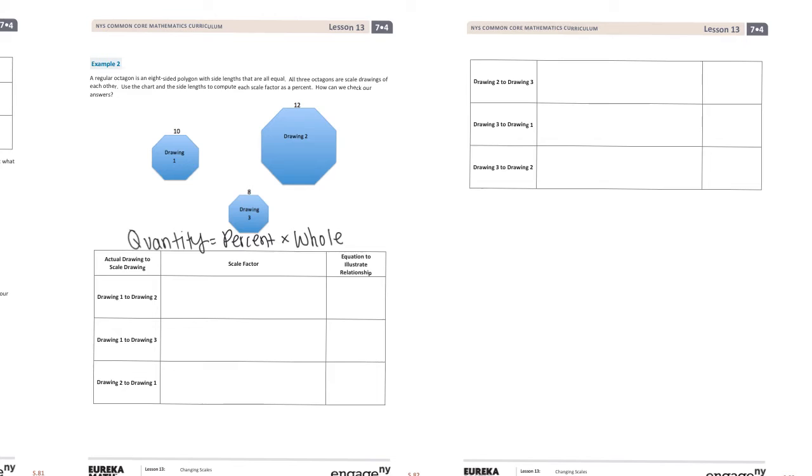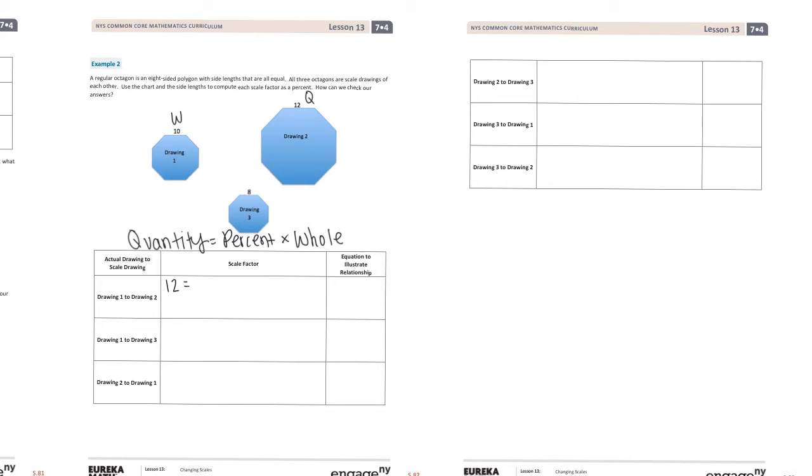So we're going to start out from drawing 1 to drawing 2. Now, to figure out this percentage, we need to label which one is going to be our quantity and which one is going to be our whole. Our whole is our original, which is drawing 1, and our quantity is drawing 2. So our quantity has a value of 12.